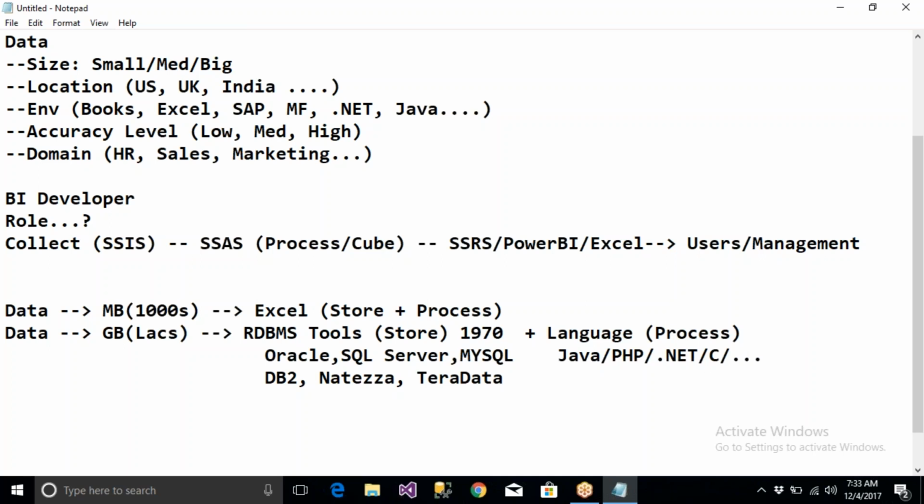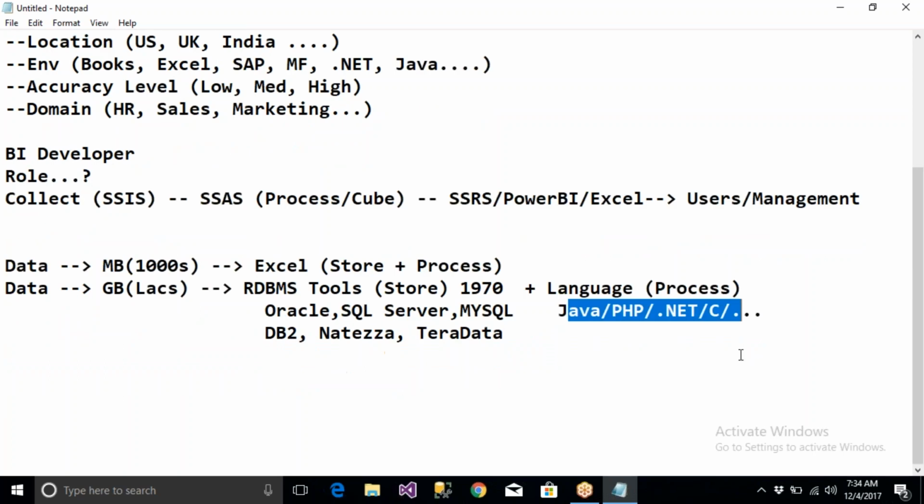You should be able to get the data and process the data, and you can create a nice report and give it to the people, right? The front end people, the language people, are called front end, and the back end people are called RDBMS people, right? These people can store the data of the company, and you should be able to get the data, process the data, create a report and give it to the management.